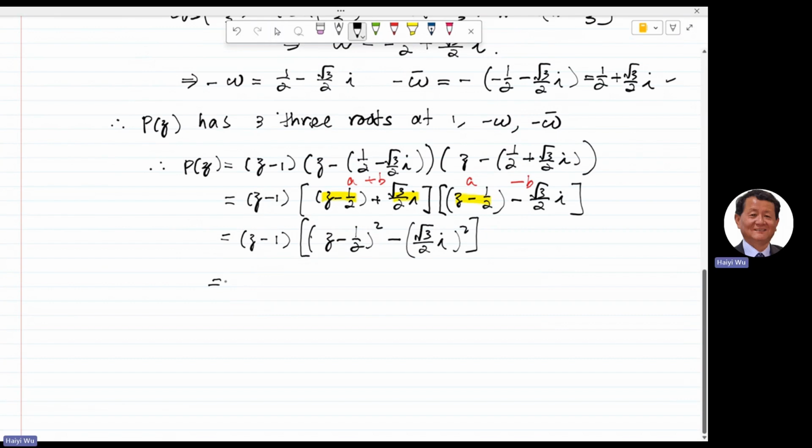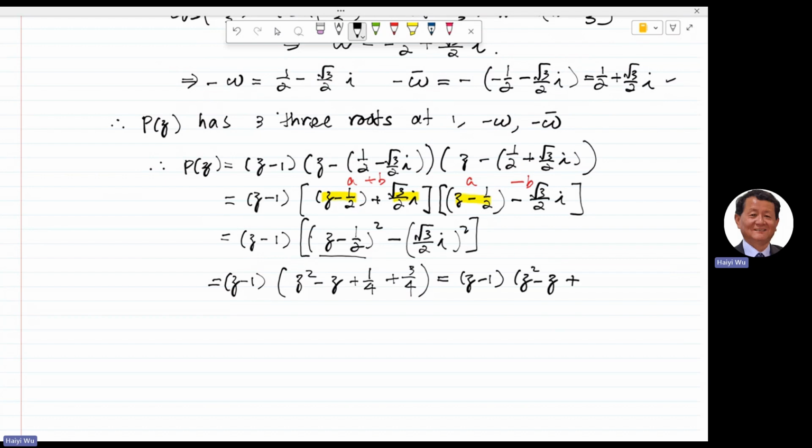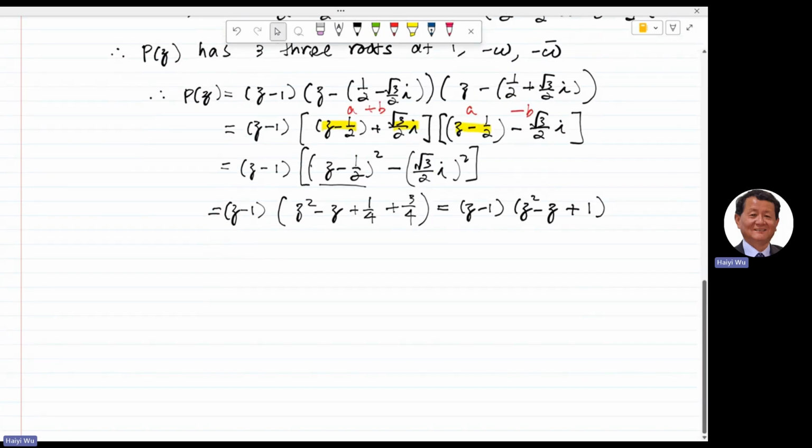Now that's easy. So now we're going to expand the next bracket, which is this one: z squared minus z plus 1 over 4, and that one will be positive 3 over 4. Now we're going to put together z minus 1 times z squared minus z plus 1. Now we're almost there.